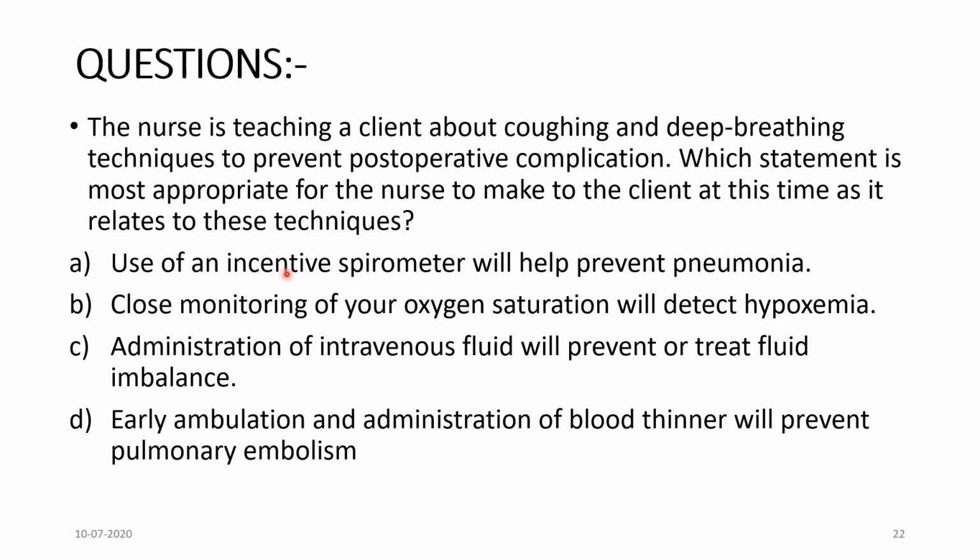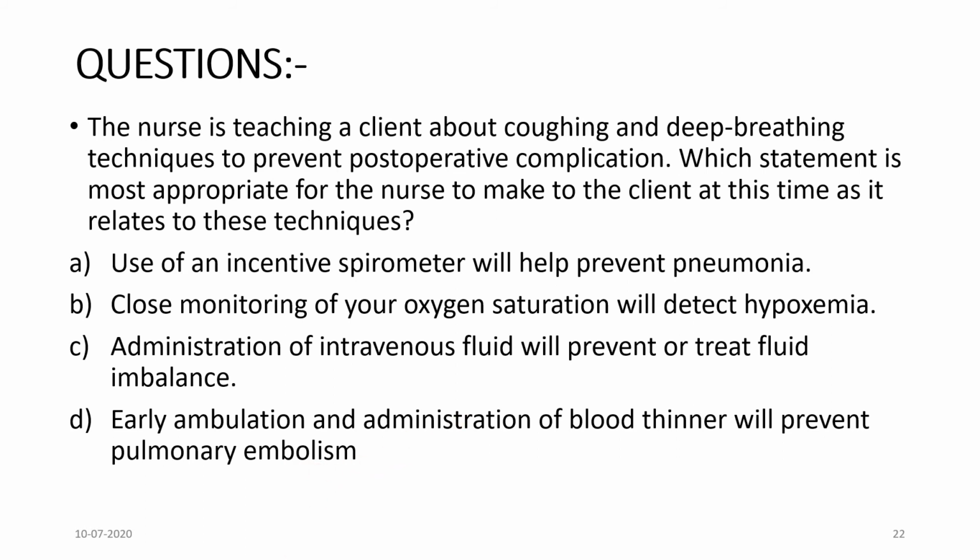First, use of an incentive spirometer will help you to prevent pneumonia. Close monitoring of your oxygen saturation will detect hypoxia. Administration of intravenous fluid will prevent or treat fluid imbalance. Early ambulation and administration of blood thinner will prevent pulmonary embolism.